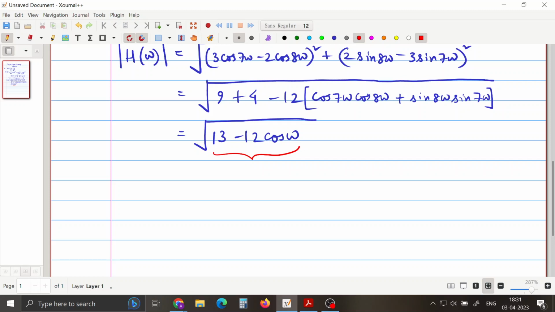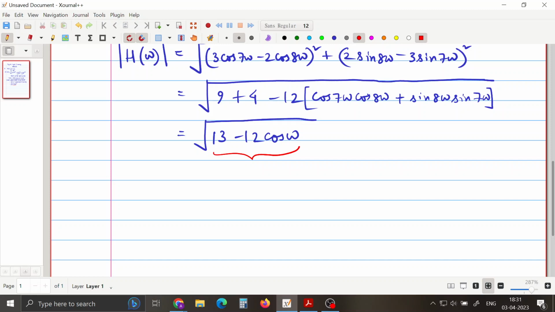So basically 12 cos omega should be minimum, which means cos omega should be minimum. And when is the value of cos omega minimum? The minimum value of cos omega is -1, that's for sure.